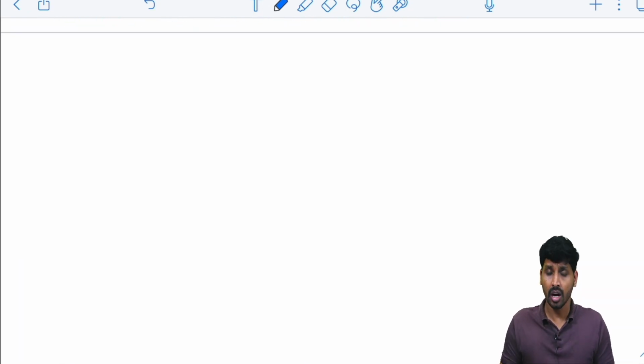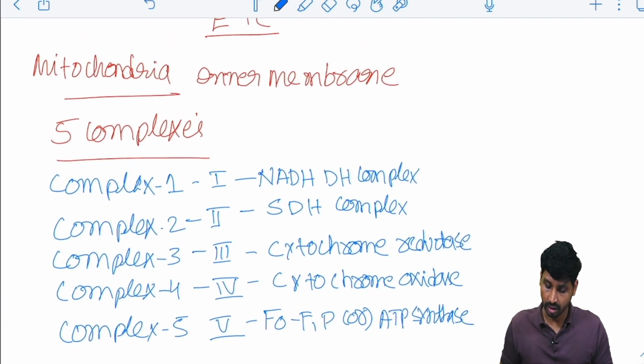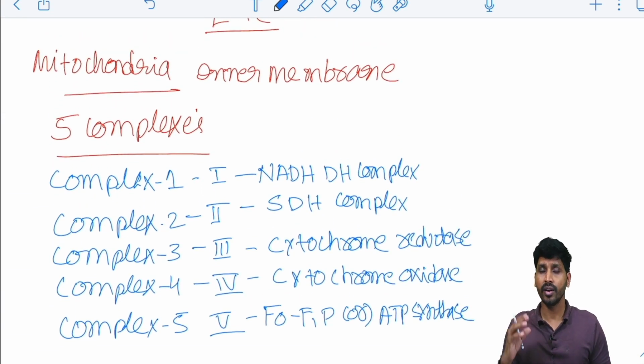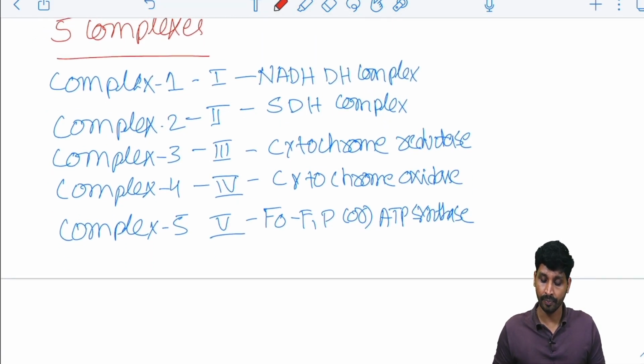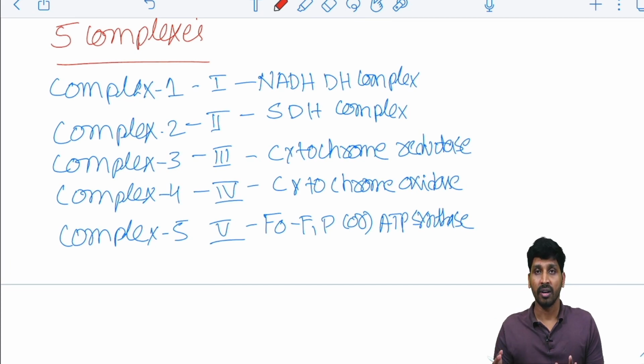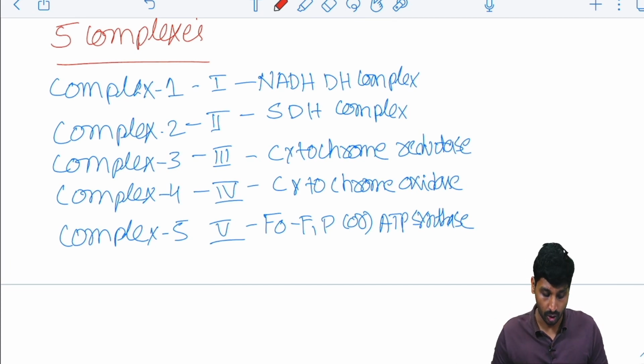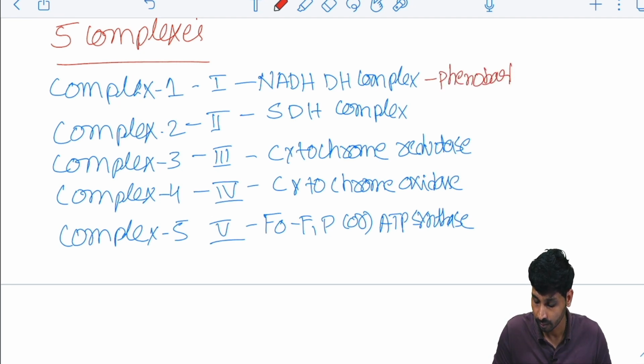So, now we will have a quick review on inhibitors. As we have seen, 5 complexes are there, and different inhibitors exist for these complexes. First, complex 1: what are the inhibitors? Phenobarbital and rotenone.